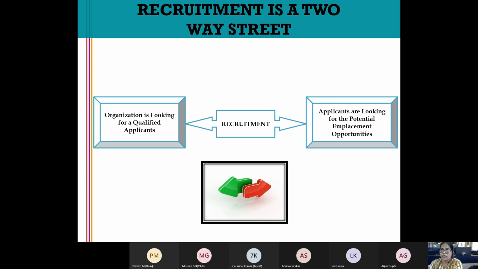So recruitment is a two-way street. One is that the organization is looking for qualified applicants. Applicants are actually looking for potential employment opportunities, and we are mediating by recruitment.